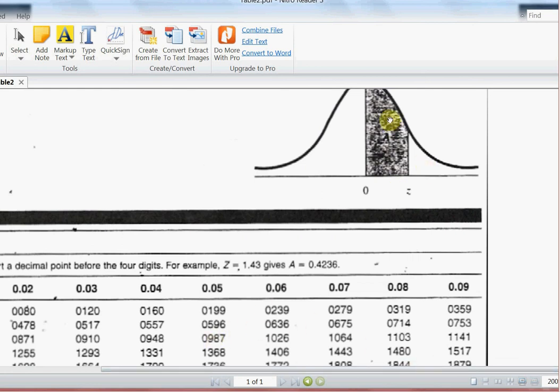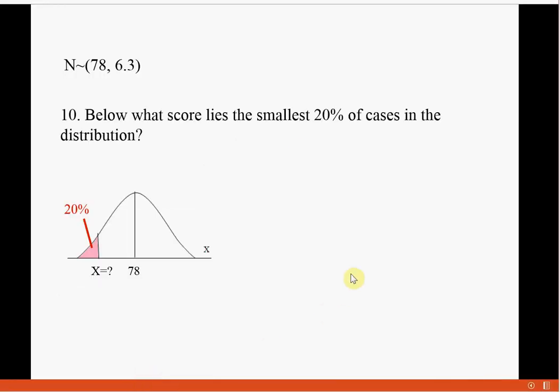Those values here are these slices. So for this question, you simply cannot take this 20% to a normal table to find the z-score that corresponds to 20%, because that table does not show you the size of the corner. If you use a different table, that's a different matter. But right now, if you are using this table, you cannot use that 20% on it.